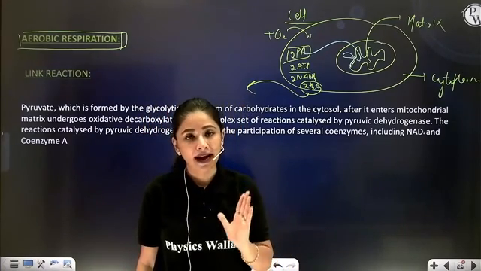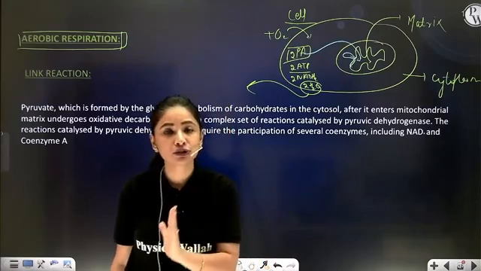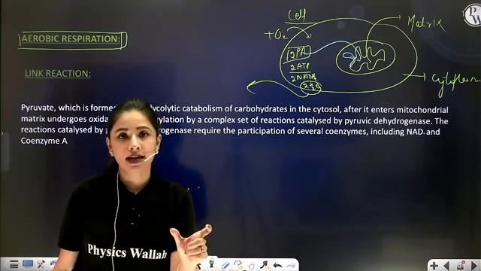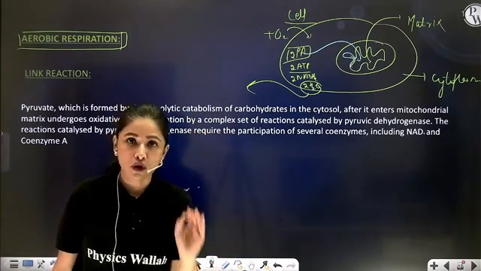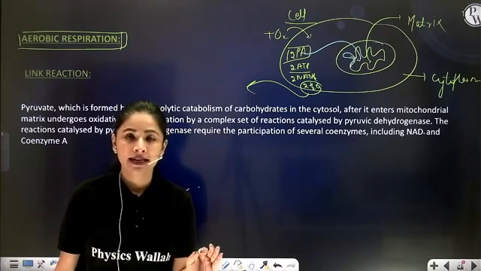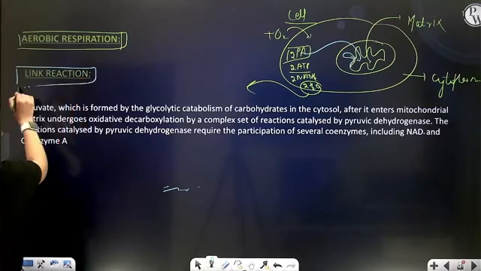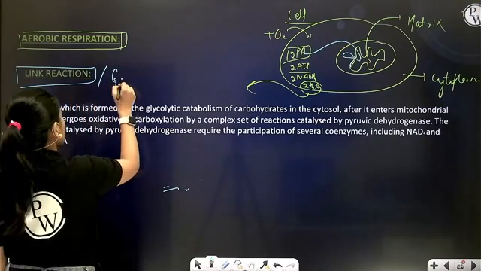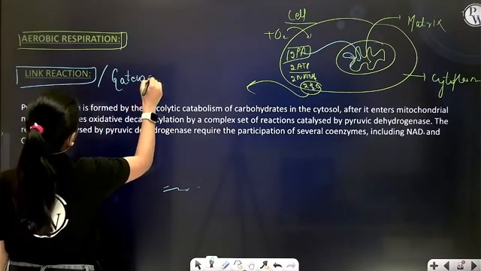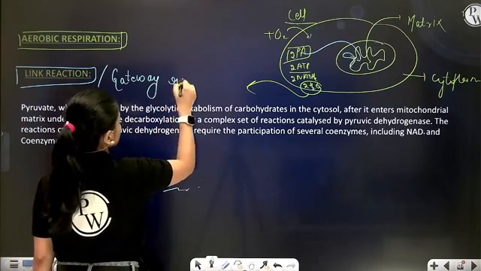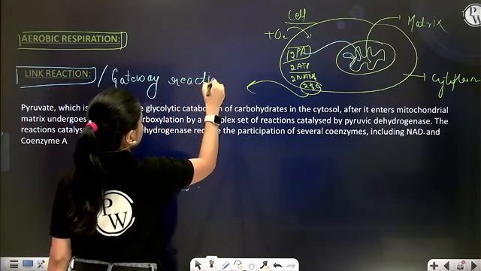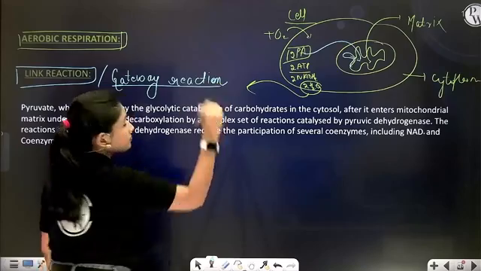Now if pyruvic acid has come into the matrix, the first step of breakdown or oxidation that takes place in the matrix is known as link reaction, also known as gateway reaction, right?